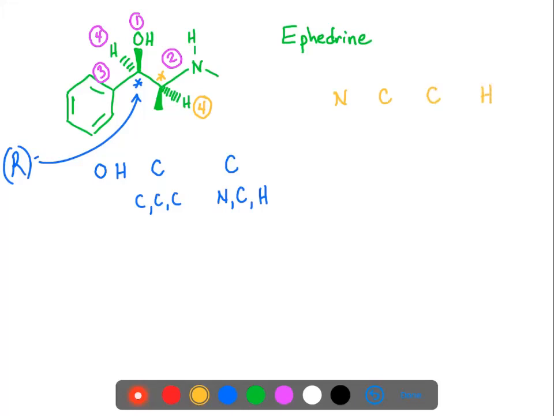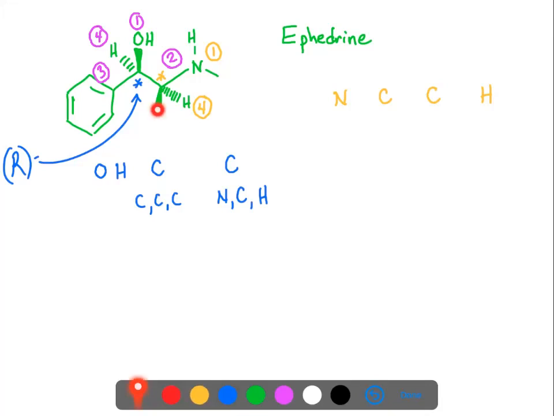Just based on that first comparison, again, we can assign our fourth and first priority groups. So this will be 1, because nitrogen has a higher atomic number than carbon, and our fourth group will be the hydrogen atom.